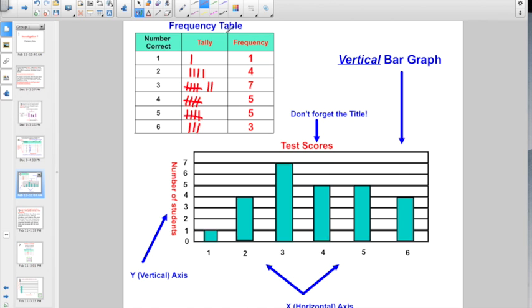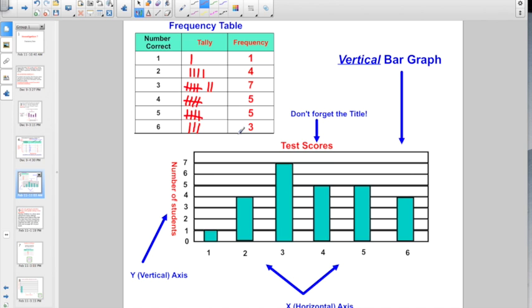Then they want you to take the frequency table data and somehow display it. One thing we also did back in Investigation 5 was talk about vertical bar graphs, remember? And vertical is going to play into it pretty big right now because we're also going to go into a couple other different types of bar graphs. But to start off with, this is the review.